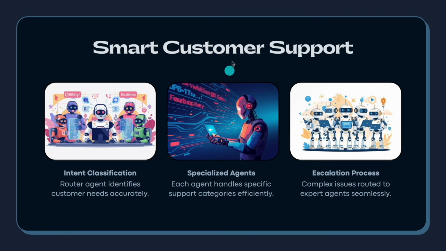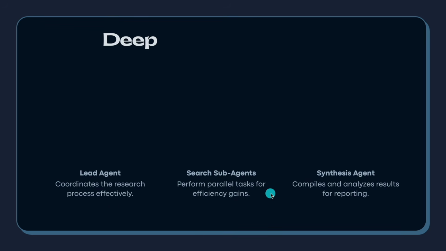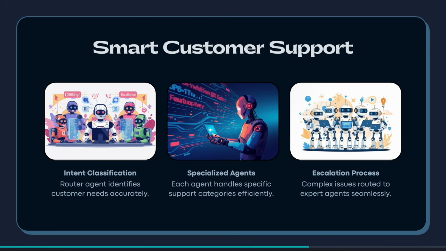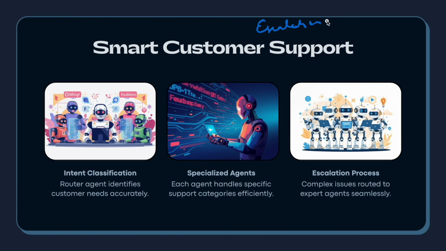For example, the escalation agent will gather all of the information that it got from the billing agent, the technical agent, and all those kinds of agents. It will prepare a summary and send a mail to stakeholders.